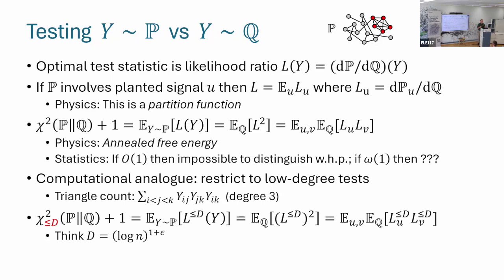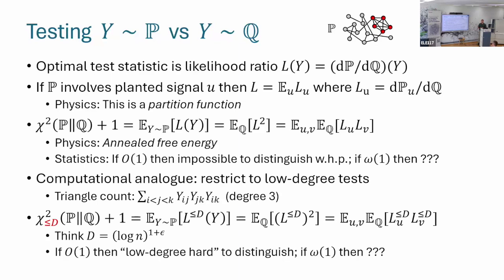That's because when you do power iteration, you need a logarithmic number of iterations to estimate the leading eigenvalue effectively. And so the low degree heuristic would say that if this low degree chi-squared is bounded, then the problem is, quote, low degree hard, which means we suspect that it may be computationally hard to tell these two things apart.